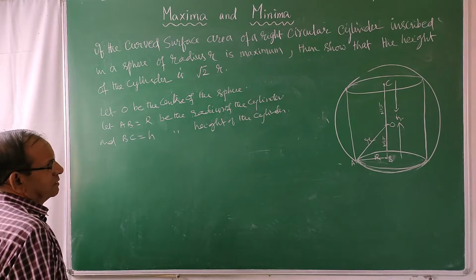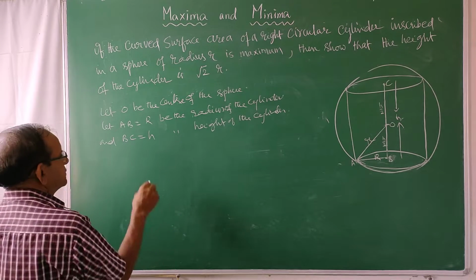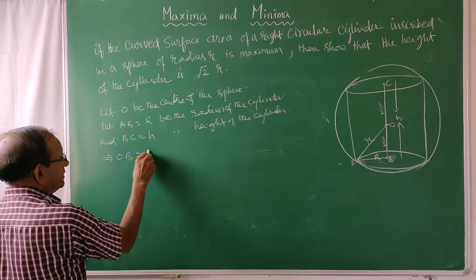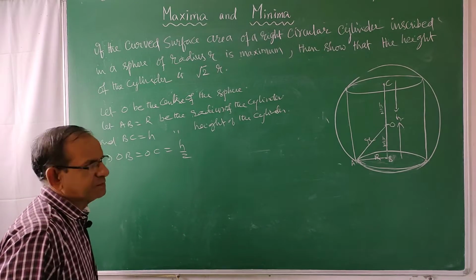Now, because O is the center of that height, OB is equal to OC is equal to H by 2.